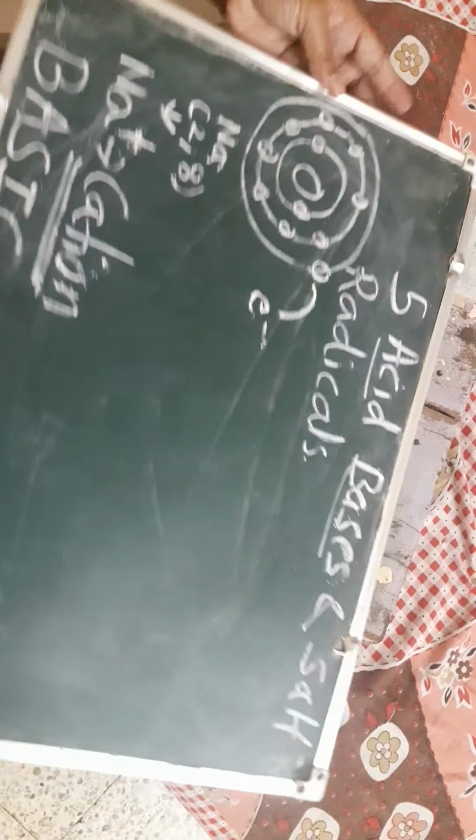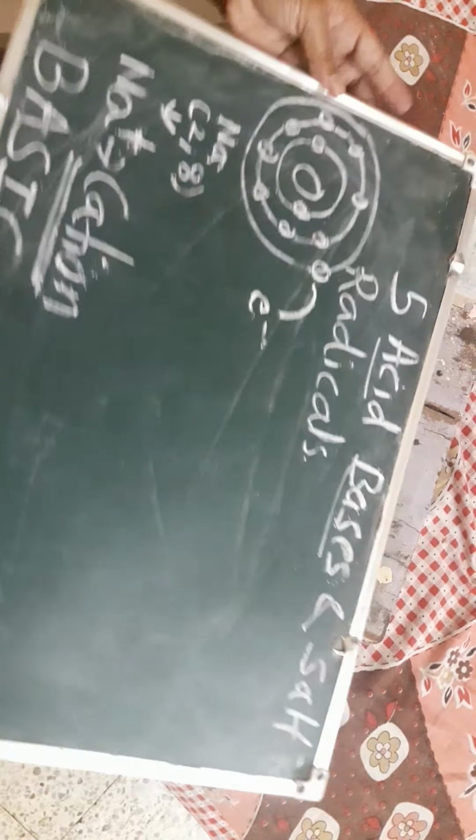For that we have to know their acidic and basic radicals. If we take the example of HCl and separate its basic and acidic radicals, we get H plus and Cl minus.